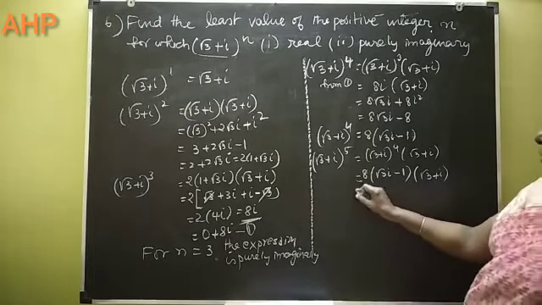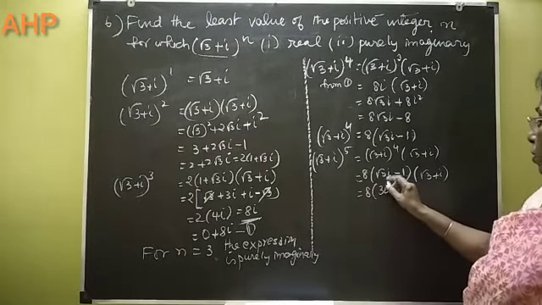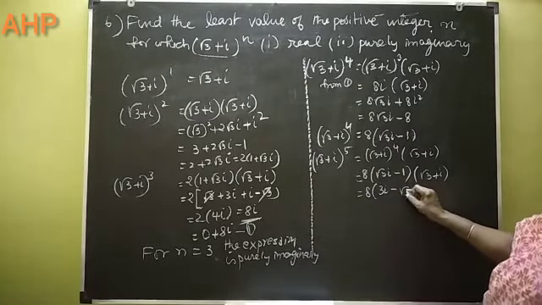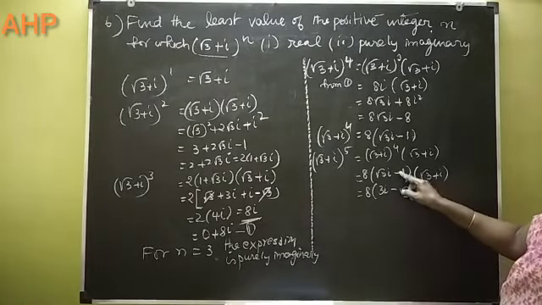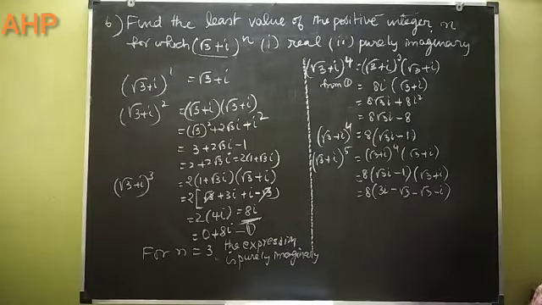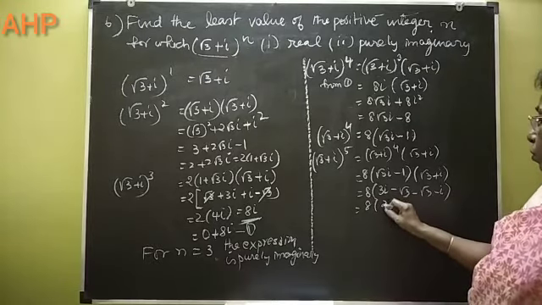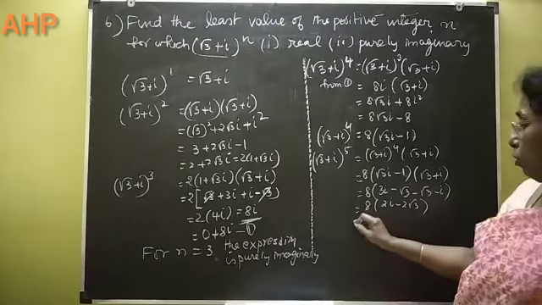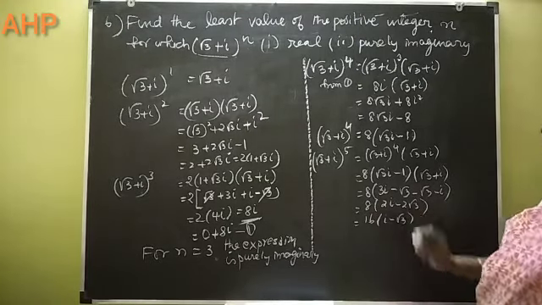So when we multiply, this is equal to 8 into root 3 into root 3 i gives you 3i, root 3 i plus i gives you minus root 3. Then minus 1 into i is minus i. So 3i minus i gives you 2i, minus root 3. So this is 8 into (2i minus 2 root 3). Taking 2 common outside, this becomes 16 into (i minus root 3).